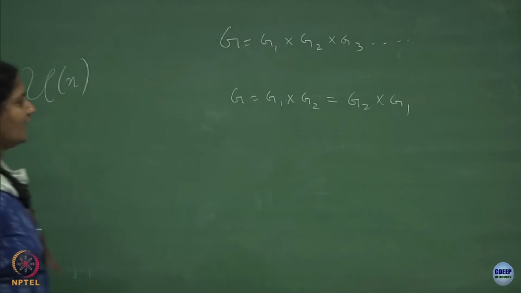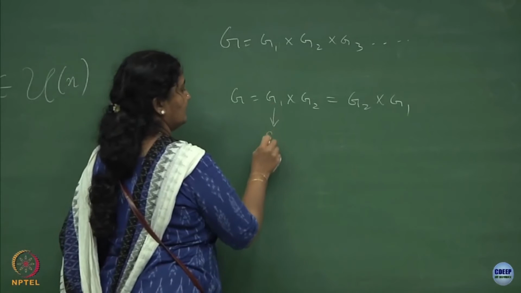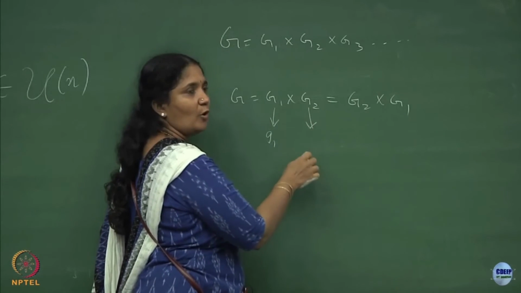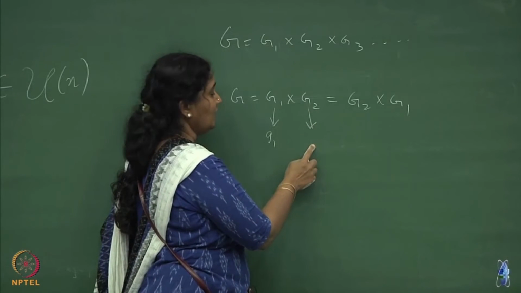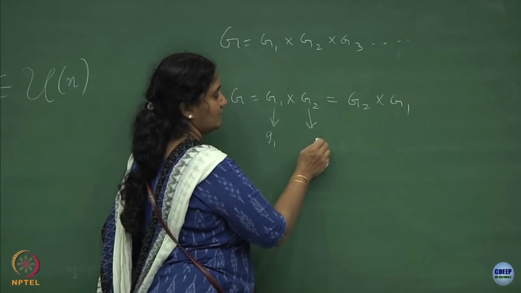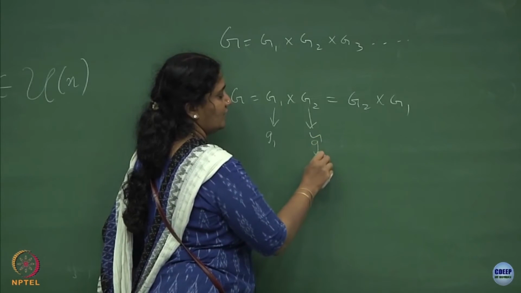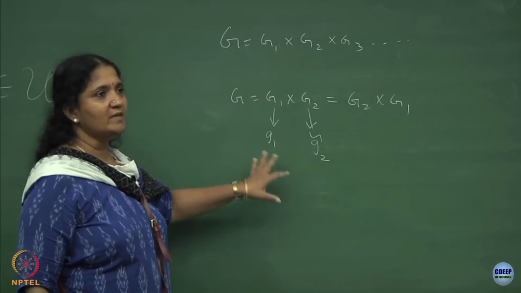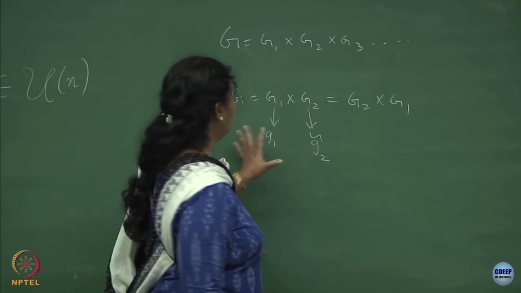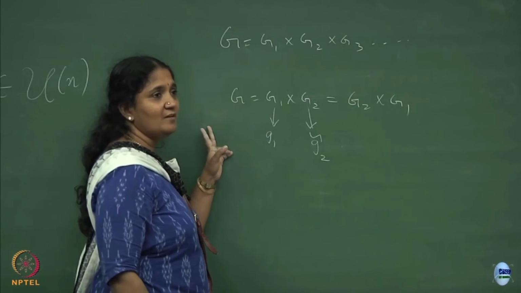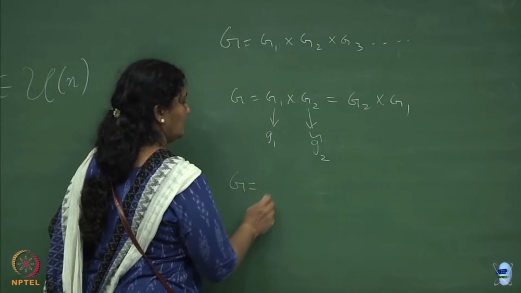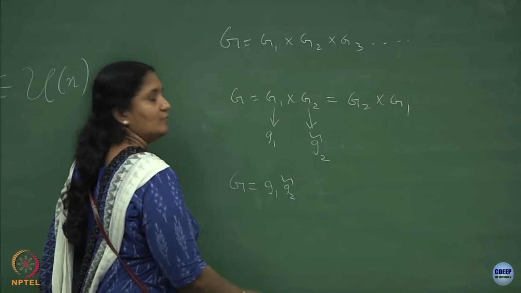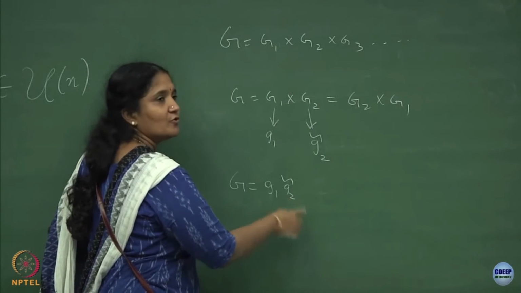What we mean is that if you had an element here which belongs to G1, and you have an element here which belongs to this other group, let me call it G tilde 2, okay. If you take these two, you can multiply them and write the element which belongs to this total G. So, G will be G1 G2 tilde, it does not matter whether you write G2 before or G1 before.